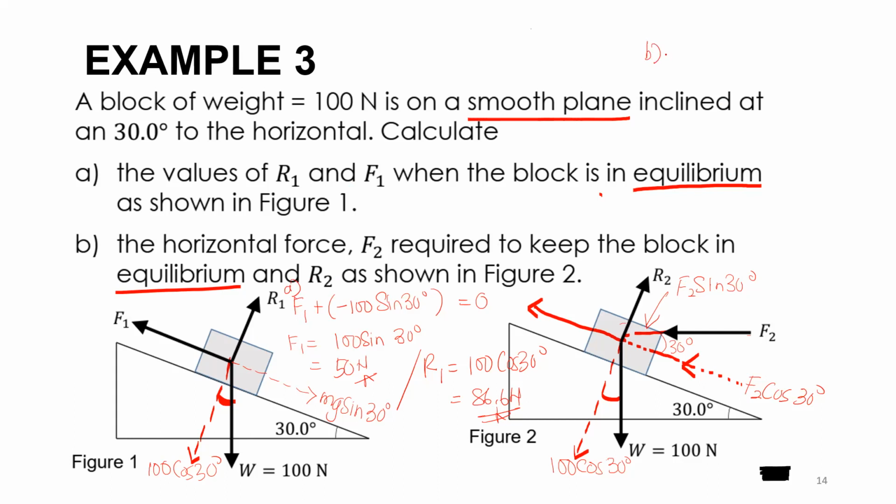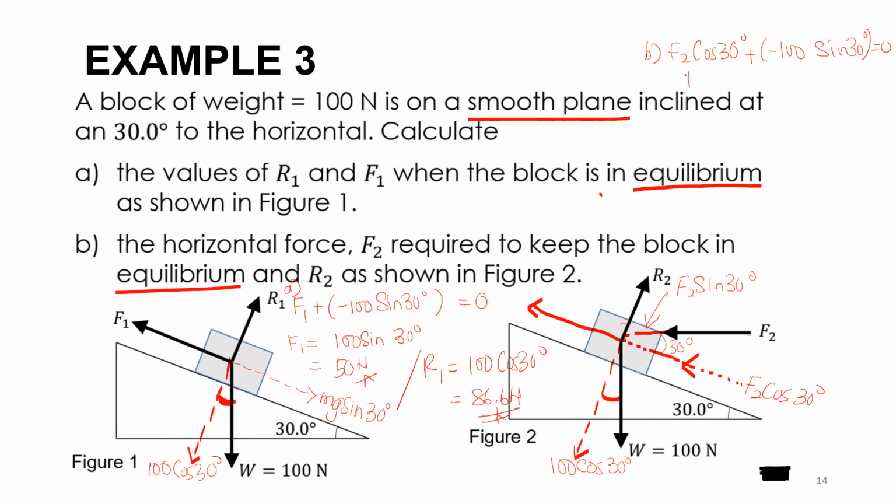Okay, so for B, when I write the equation, my F2 cos 30 degrees minus 100 sine 30 degrees equals 0. So that's it.